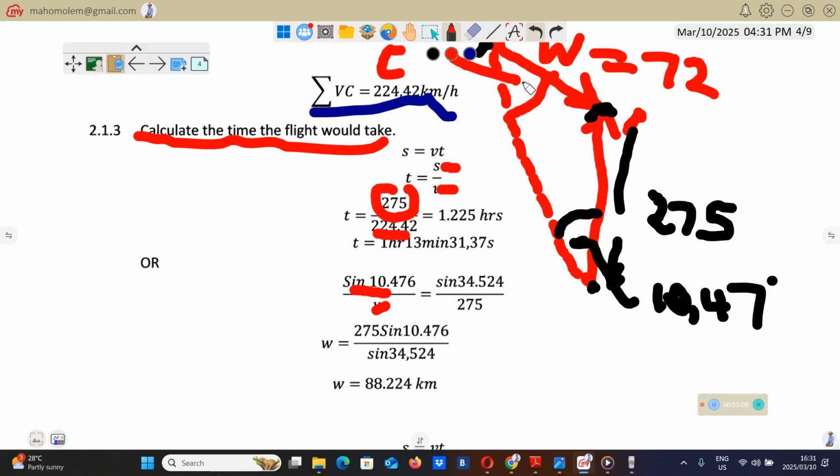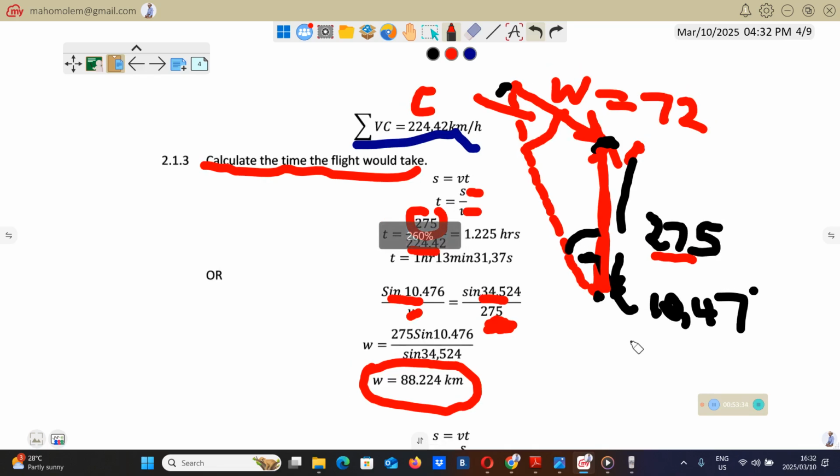We're going to say this angle 34, divided by the opposite distance, which is from here to there. So the opposite distance is 275. Then from there you get W, and the distance from here to there is going to be this much.